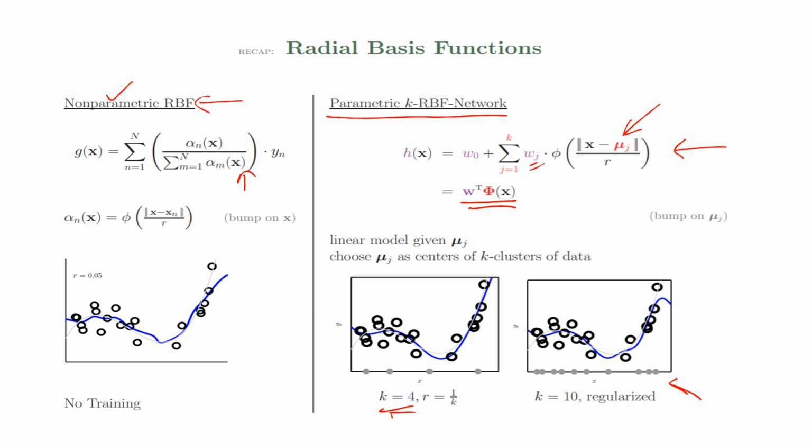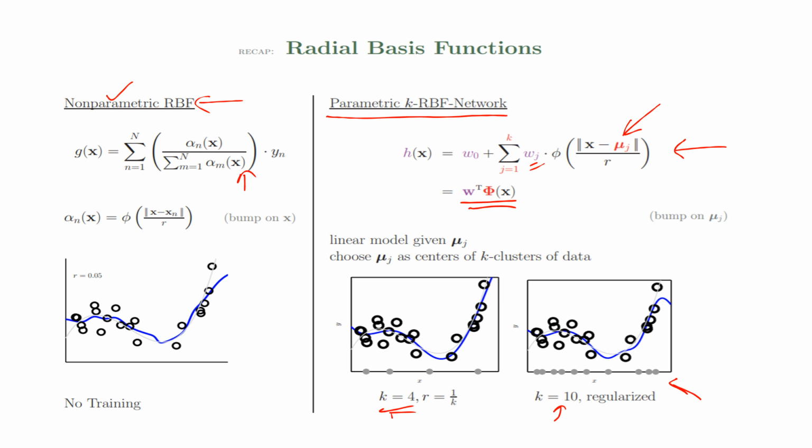Then as we increase the number of clusters, we saw the unregularized version where there was a lot of overfitting, but with a little bit of regularization, we got almost a fit like k equals 4, without losing the flexibility of our complex model. That was the fundamental idea behind using regularization with the parametric k radial basis function network.